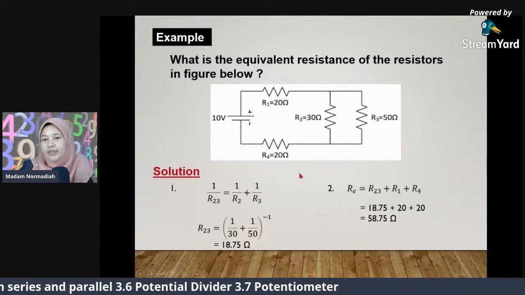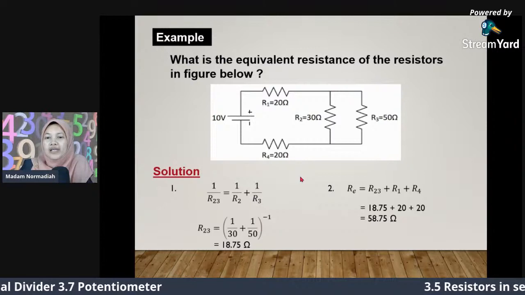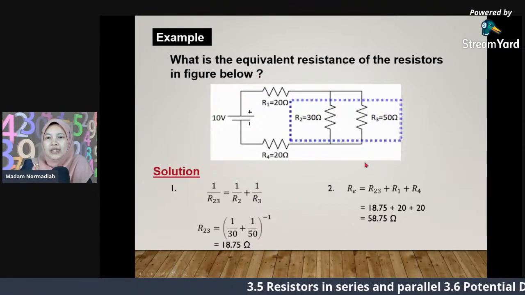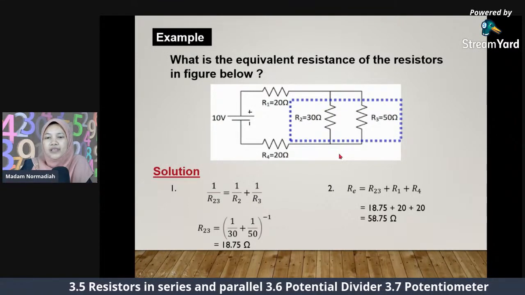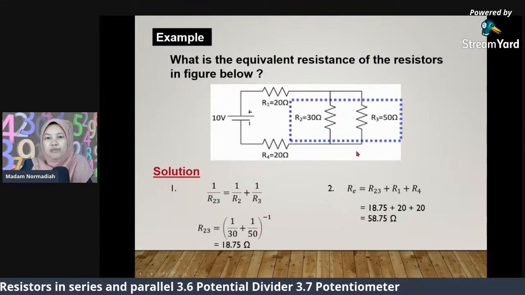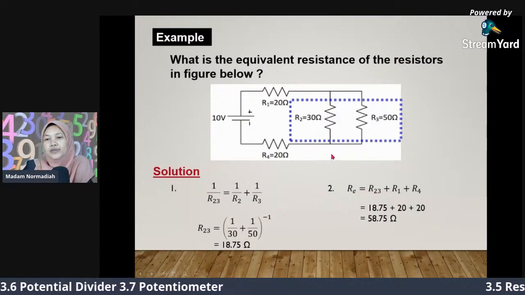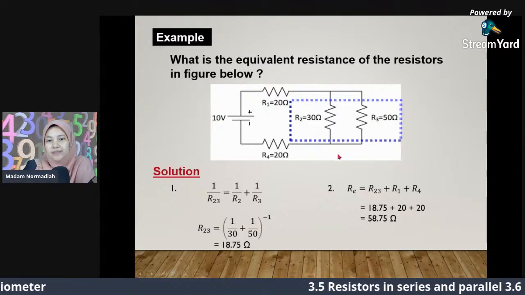So what you need to do is, first, solve the resistors furthest from the battery or cell. In this case, R2 and R3 are the furthest resistors from the battery. We found that R2 and R3 are arranged in parallel.